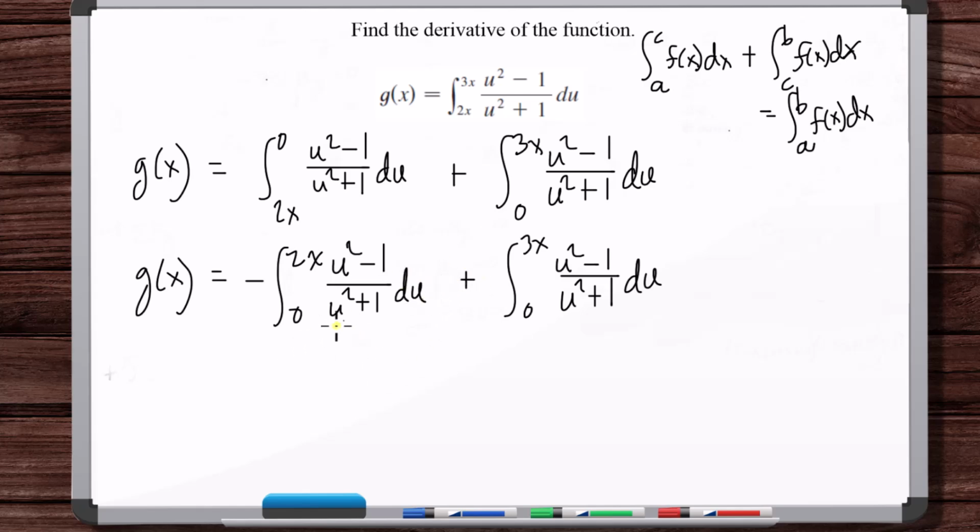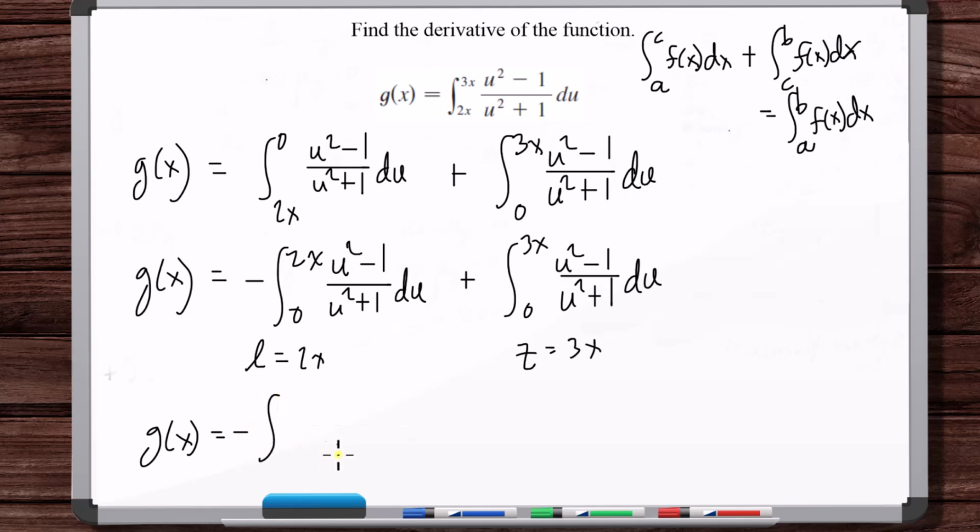Okay, so now this is just a chain rule problem, but for each of these separately. So we just make a substitution. We can't use u this time, so let's say a is equal to 2x. Well, I don't want to use a because we use a over here. So I'll say L is equal to 2x, and z is equal to 3x. So we've still got g of x because L and z are functions of x.